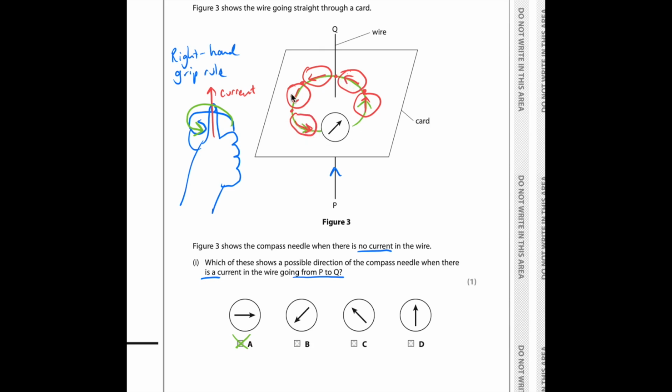And then you can connect all the dots together, and that'll show you the shape.